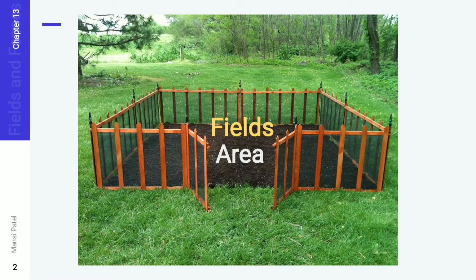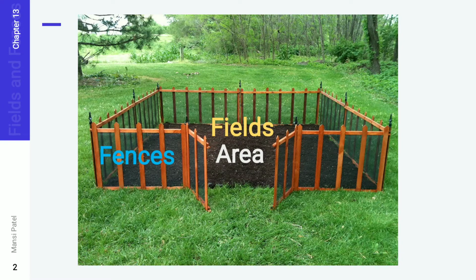Now, there is some limit to this open area. In the open area there are many different partitions, which are covered by a fence. So you can see here this field is covered by one fence.